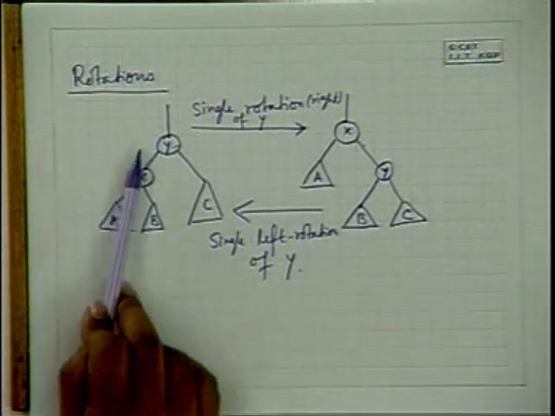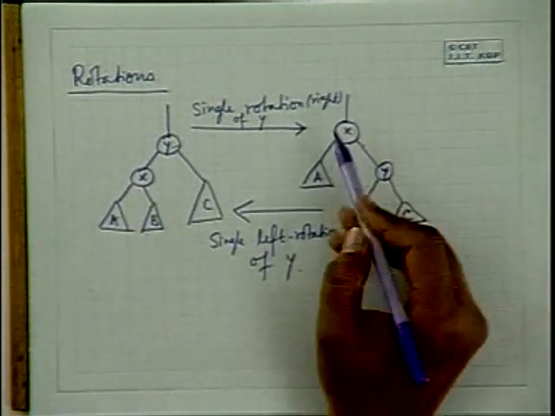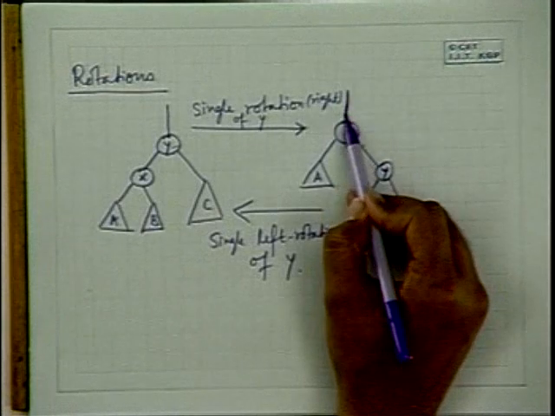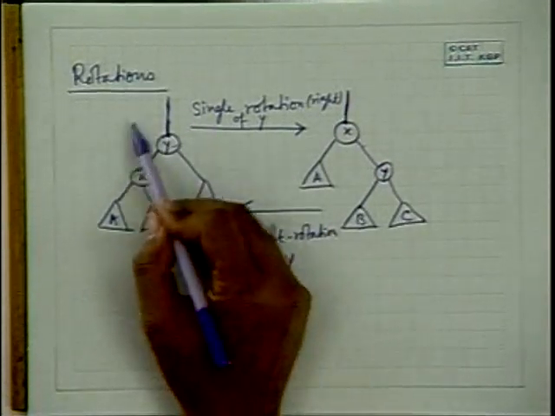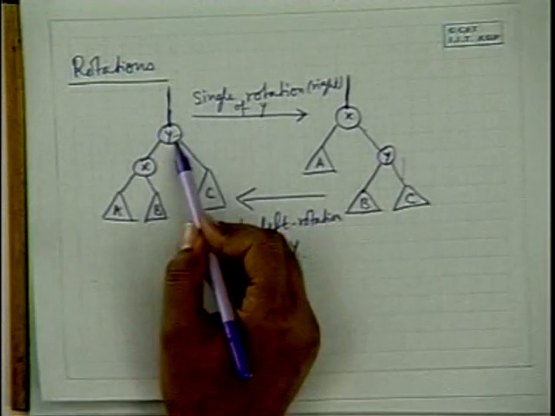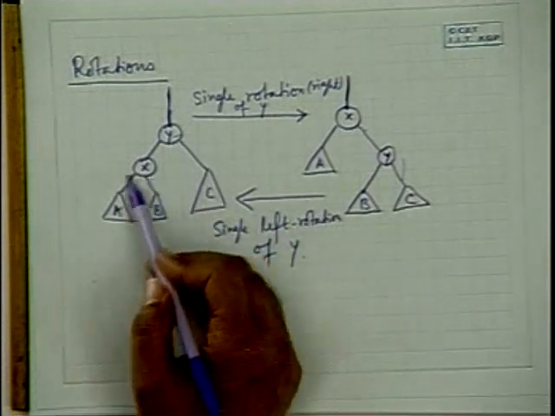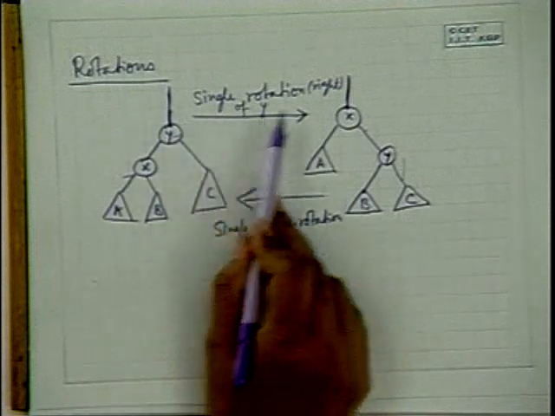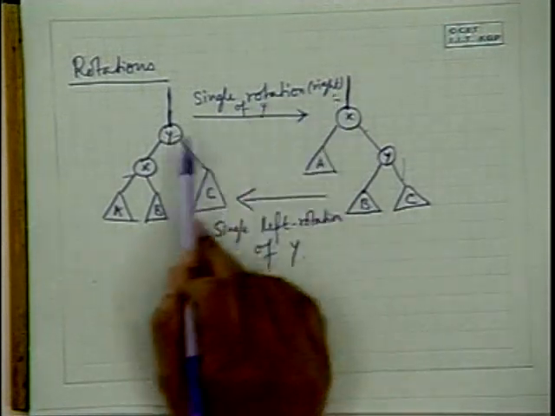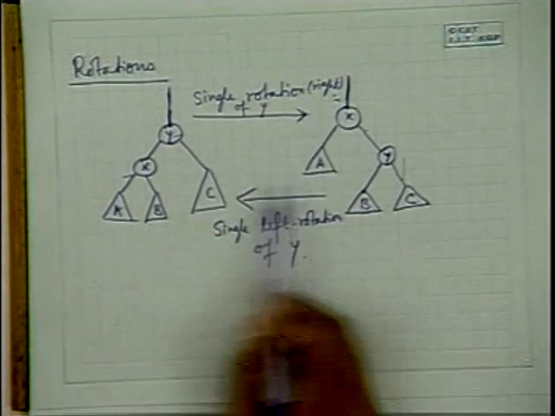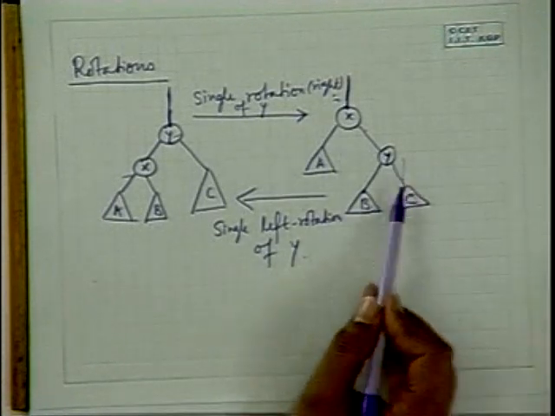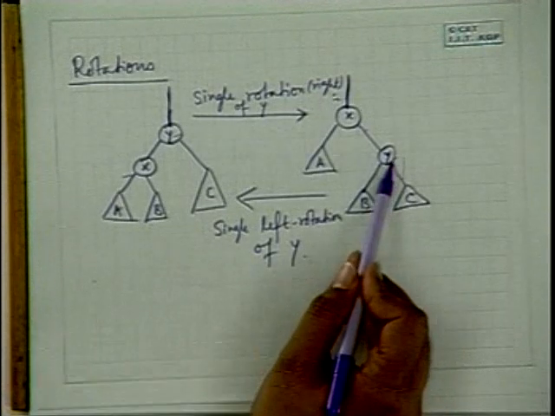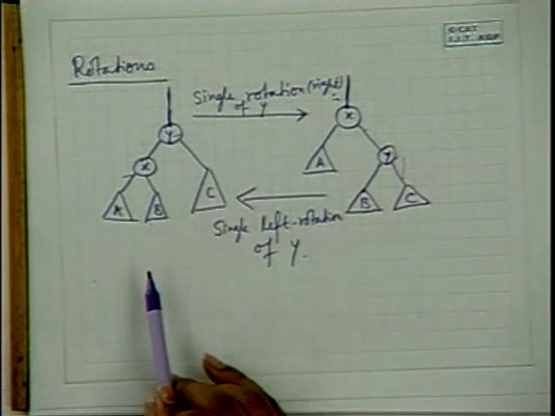So this is called a right rotation, as if you are putting a fulcrum here and rotating this entire structure. y is rotated to the right and x is coming up. So this direction is called a single right rotation of y, and just the reverse operation will be a left rotation of y. Left rotation is as if you are rotating y in this direction.